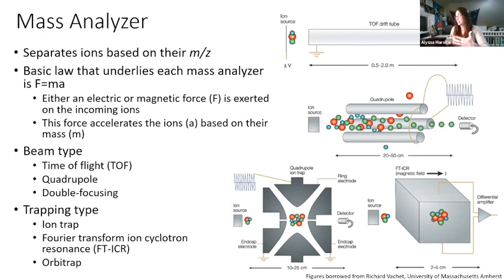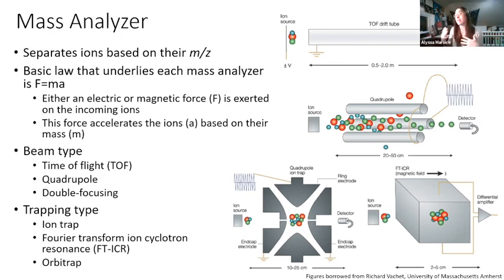Eventually, because kinetic energy is 1/2 mass times velocity squared, 1/2 mv², your smaller mass ions will be accelerated to a higher velocity and will make it to the finish line first. Very simple. There's a lot of stuff that goes into it, a lot of voltages that are applied.